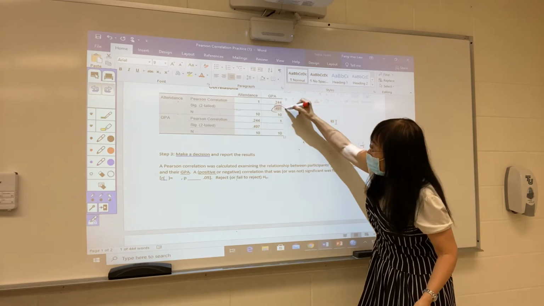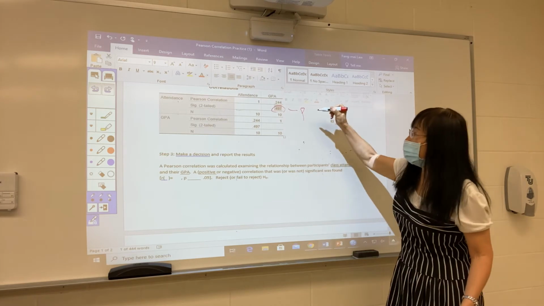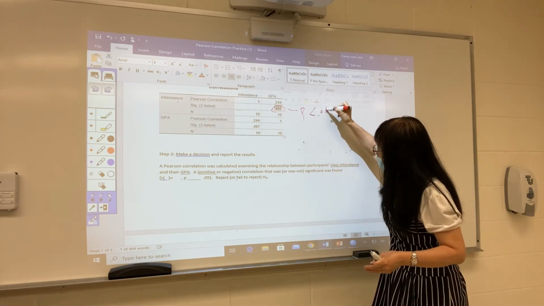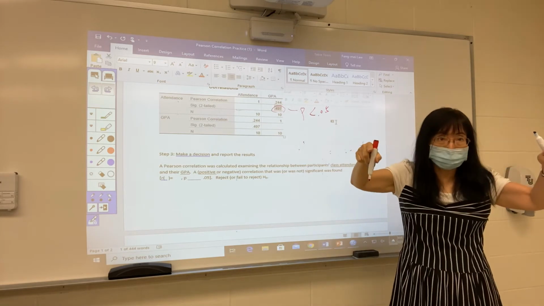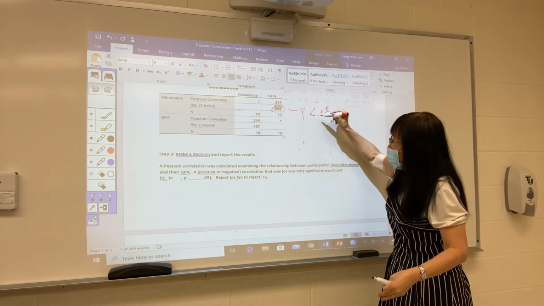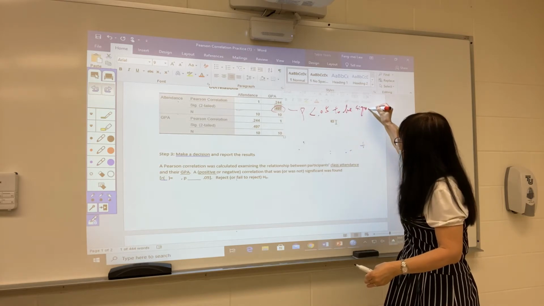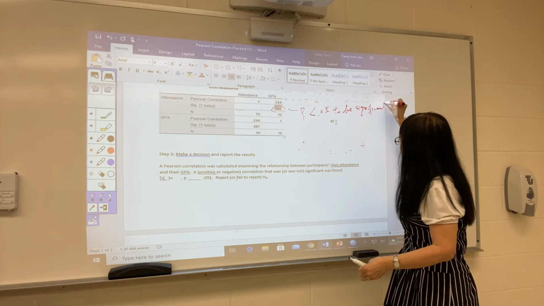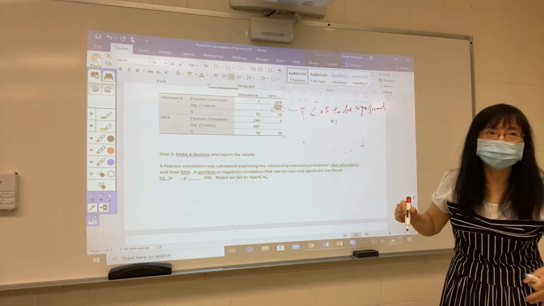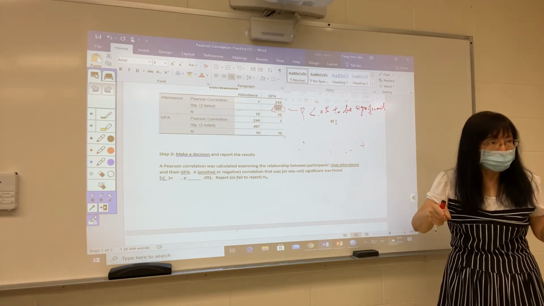We call this number P, and it has to be smaller than 0.05 to be significant. That means you can reject your null hypothesis.